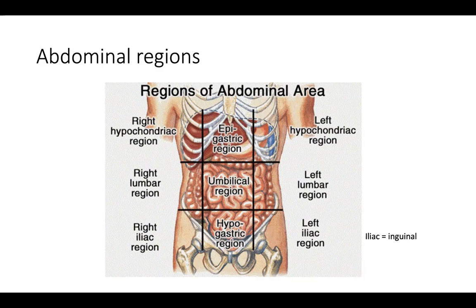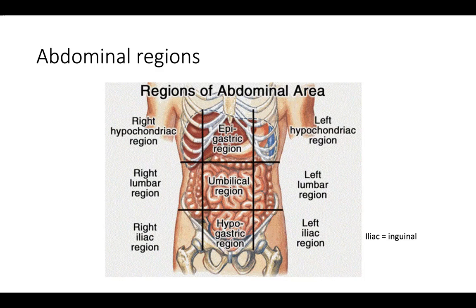Hypochondriac. I often repeat myself a million times because I teach this lab a bunch. Hypo always means below. I will often break down words for you because they're easier for me to remember that way. So if you know hypo is below, you kind of have a leg up already in understanding the word, right?